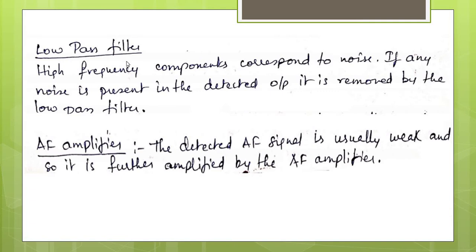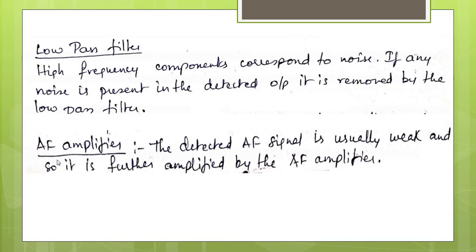That's why the output of the detector is passed through a low pass filter. As the message signal is of very low frequency, the high frequency components, which are the noise components, are removed by the low pass filter. So the output of the low pass filter is only a low frequency message signal without any presence of noise.